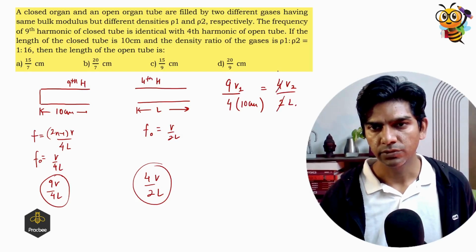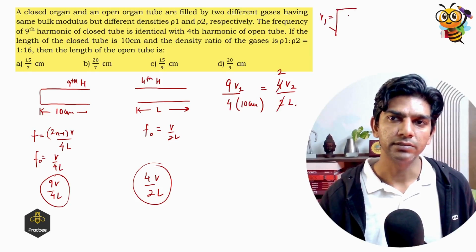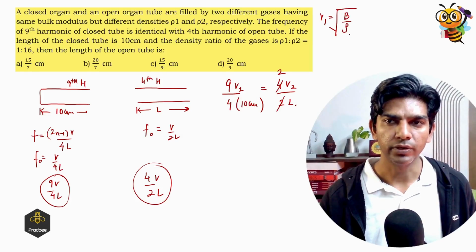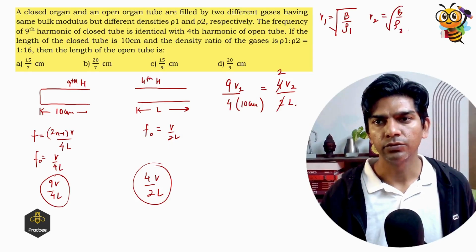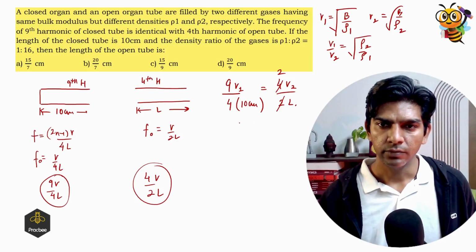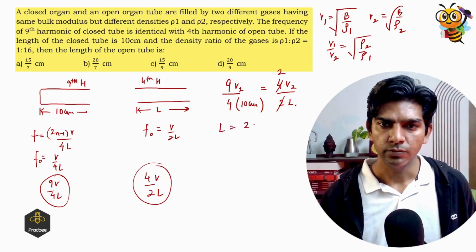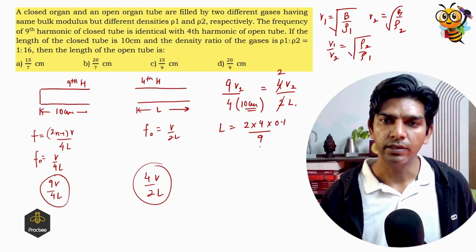We know that velocity of sound is given as square root of B by rho. V1 is root of B by rho 1 and V2 is root of B by rho 2. So V1 by V2 will be root of rho 2 by rho 1. So we can find L as 2 times 4 times 0.1, I'm converting this into meters, divided by 9.